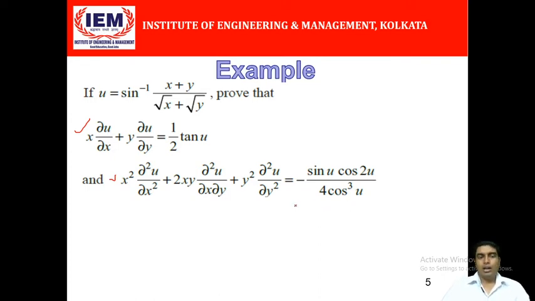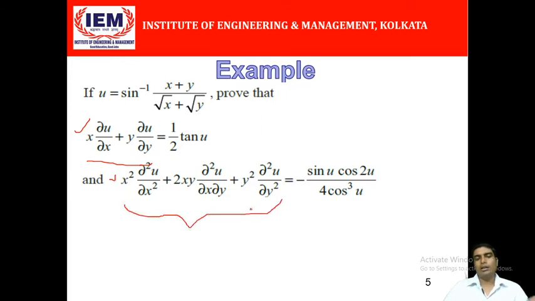Now, you can see that this is the Euler theorem, the left hand side of the first equality. And this is the Euler theorem with the second order partial derivative involved, only the left hand side part.